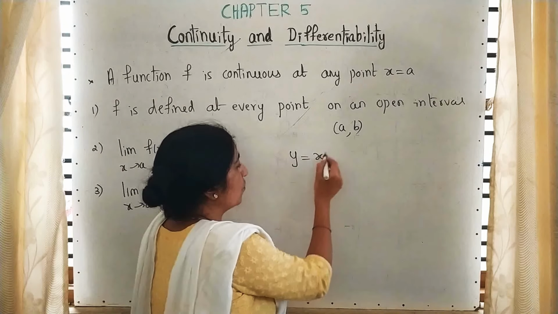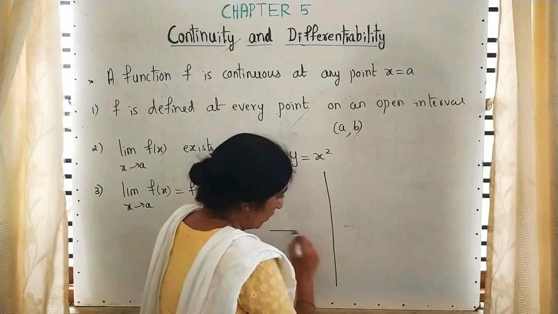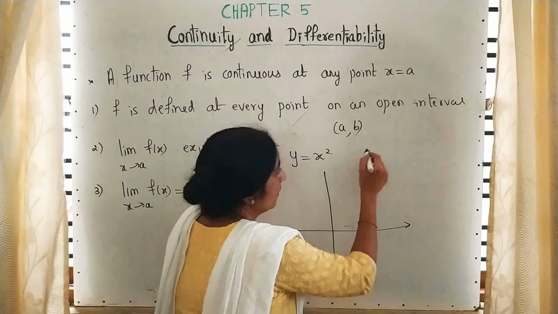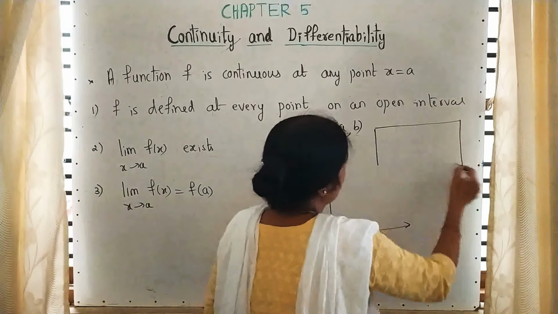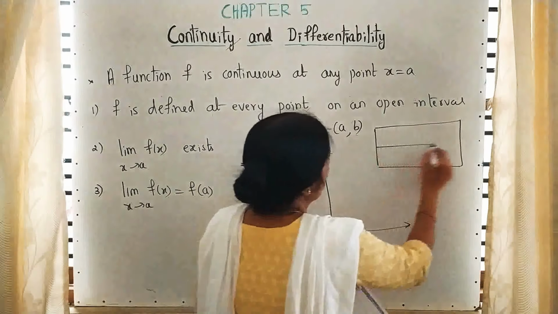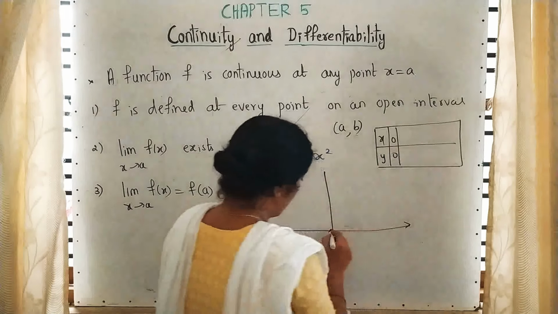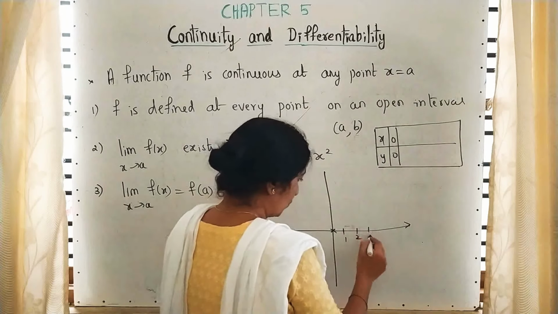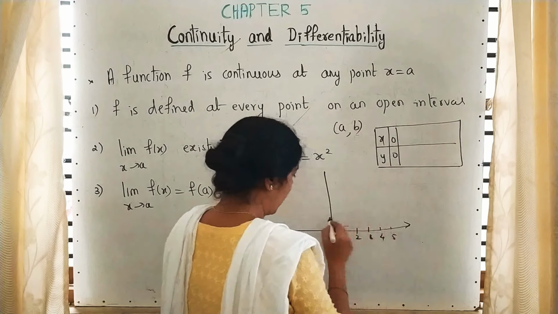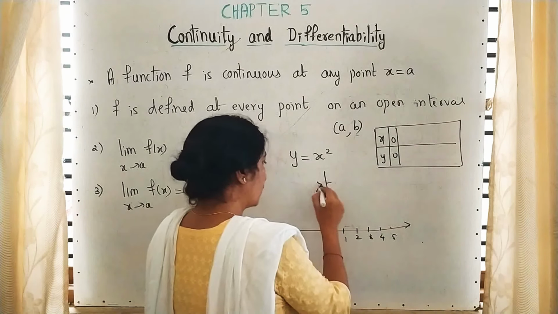y is equal to x square. If you draw the graph, you will get y is equal to x square like this. Write a table of x and y values. If x is 0, y is 0. This is 1, 2, 3, 4, 5. This is 1, 2, 3, 4, 5.